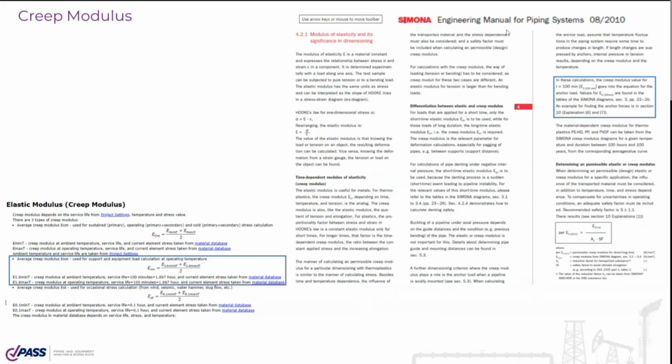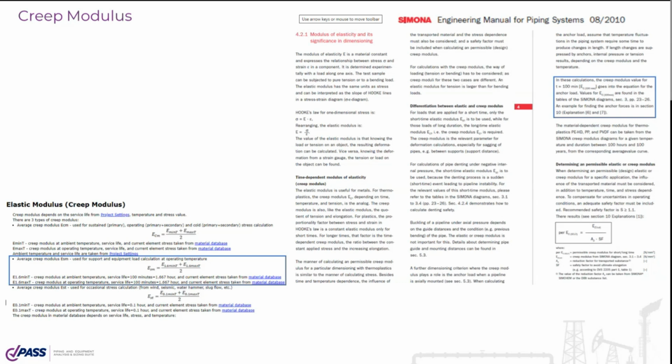So actually, if you check the DVS code, it requires this, and also there is the Simona engineering guide. Simona is a manufacturer of piping, which is famous and widely used in Europe. And it has an engineering guide on how to analyze thermoplastic piping systems.